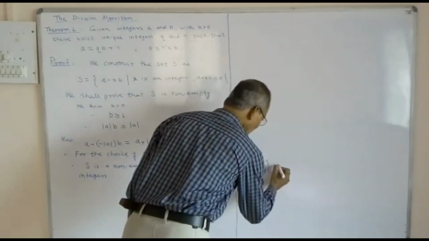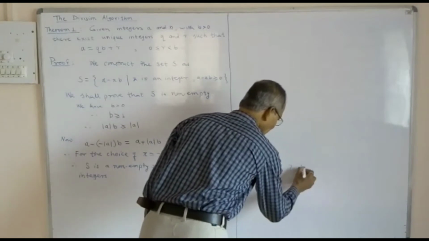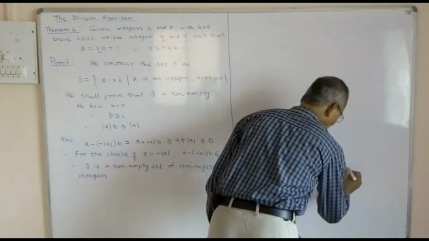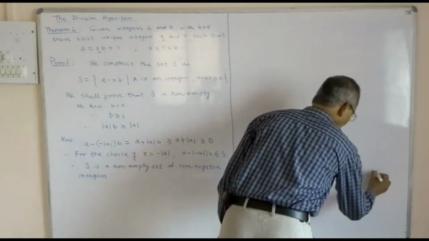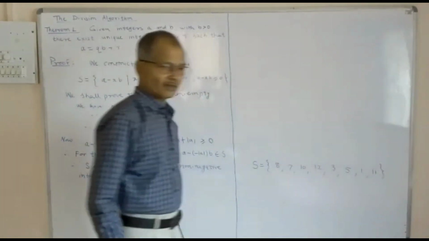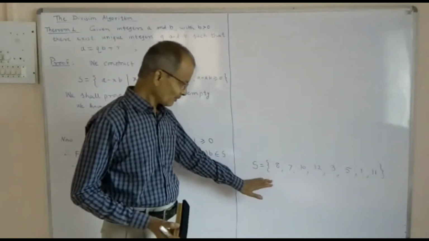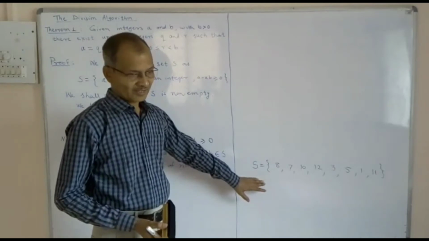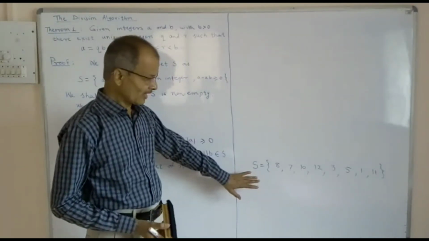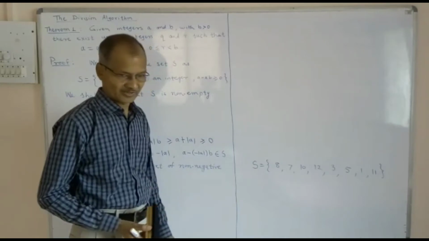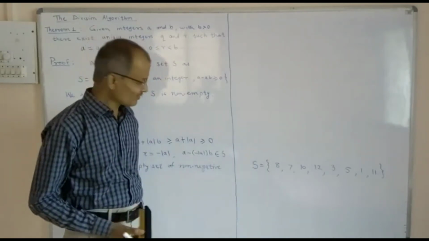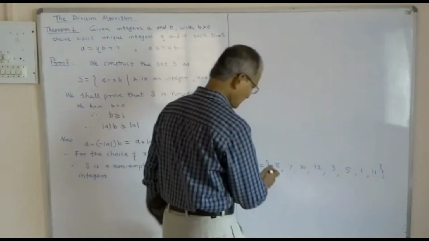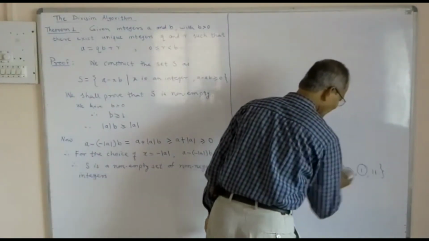For example, S is having these elements, say 8, 7, 10, 12, 3, 5, 1, 11. So what type of set is it? It is a set of non-negative integers. Now the property of this set is it has the least element. Now we can observe and find out which is the least element. You may see here the least element is obviously 1.